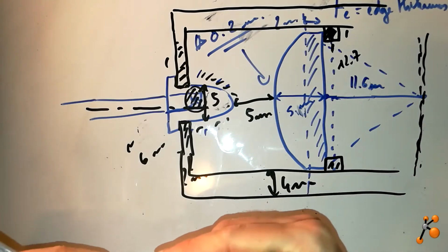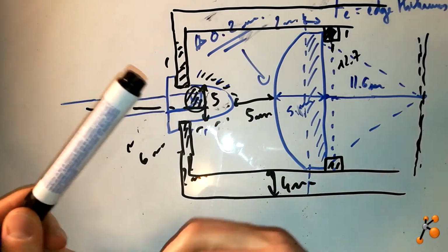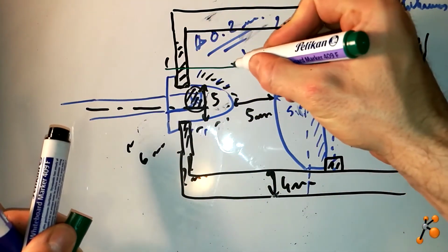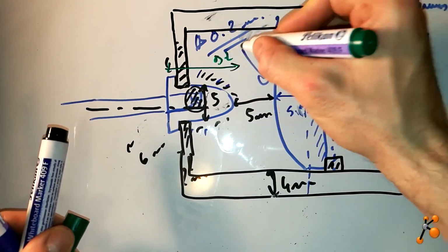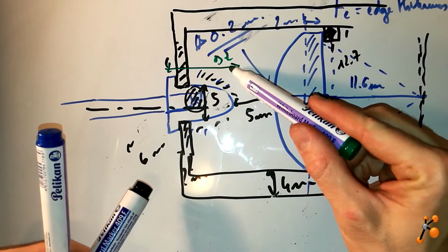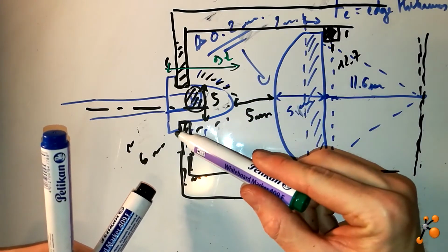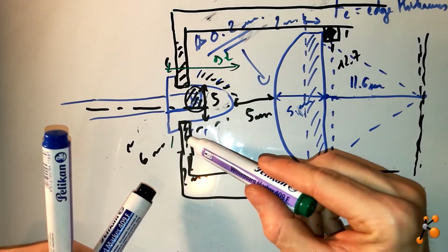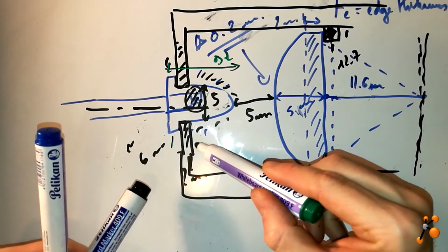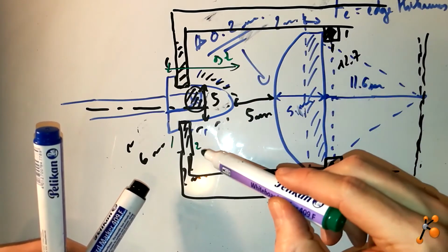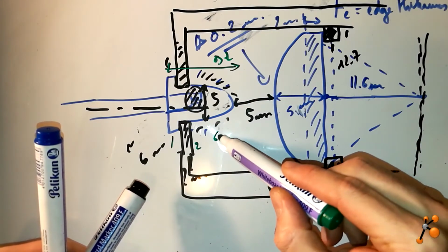Here we have also the dimension of the LEDs, which is 9.2. So here we have 9.2, and then we have 1 millimeter here outside. Here we have 2 millimeter of thickness of the wall, so it's 3. 9.2 minus 3, it's 6.2.